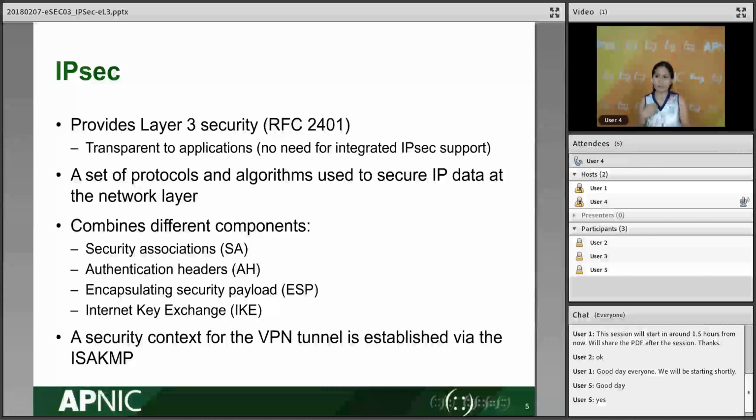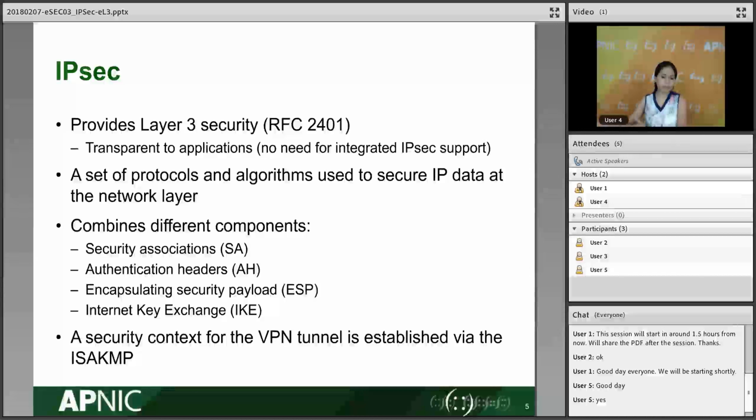Now, IPsec is actually a set of protocols and algorithms. There are some reasons why a lot of folks are discouraged about IPsec, and that's partly this. It's a set of different protocols. It's in some cases a lot of things to take in. You have these different components: security associations, authentication headers, encapsulating security payloads, and Internet Key Exchange.